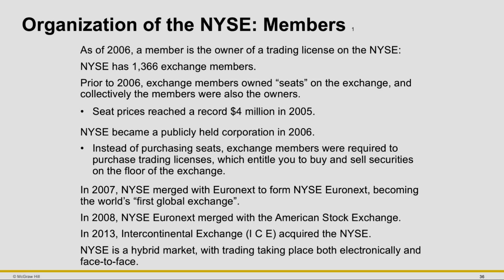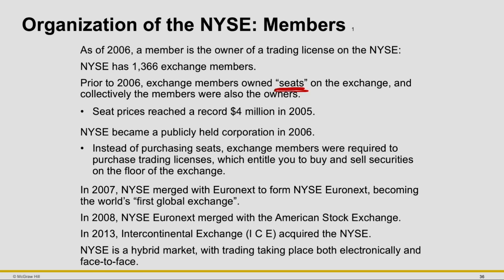Now, on the NYSE, AKA the Big Board, prior to 2006, the Big Board was privately held. It's somewhat ironic, right? Here is the preeminent exchange of publicly traded companies, and the ownership of that exchange is a private firm with partners, basically. These partners thought of themselves as seat holders.